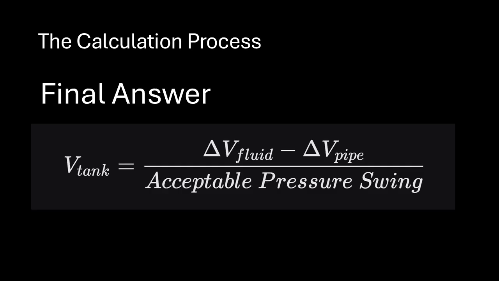But here is where geothermal design departs from traditional hydronics. Minus delta V pipe. In a steel or copper system, this value is effectively 0. But with PE 4710, the pipe is an active participant. As the temperature rises, the pipe doesn't just hold the fluid, it expands to accommodate it.